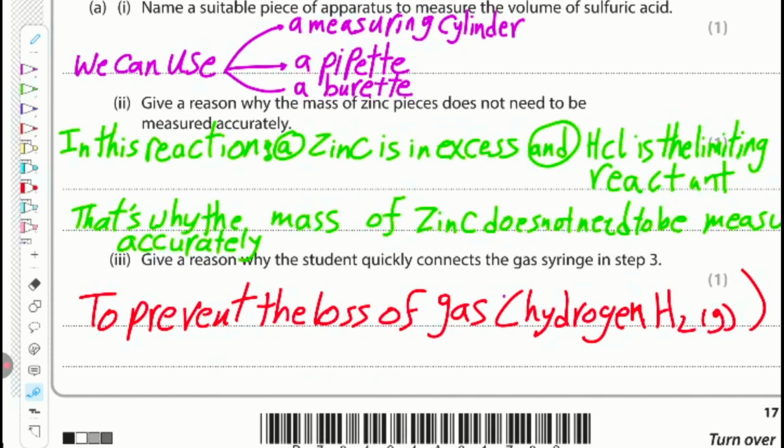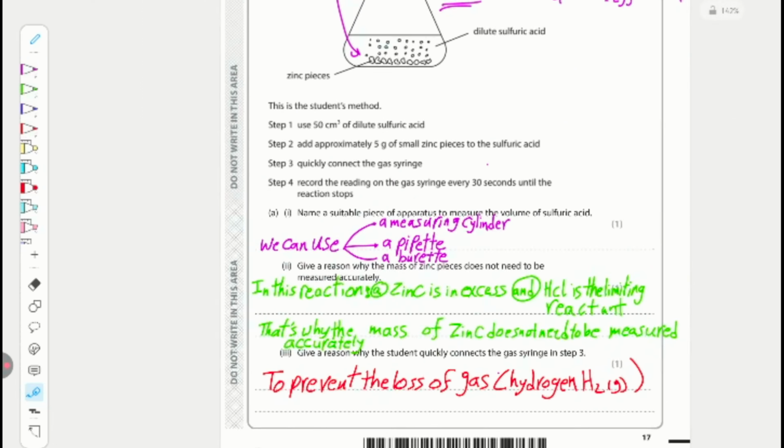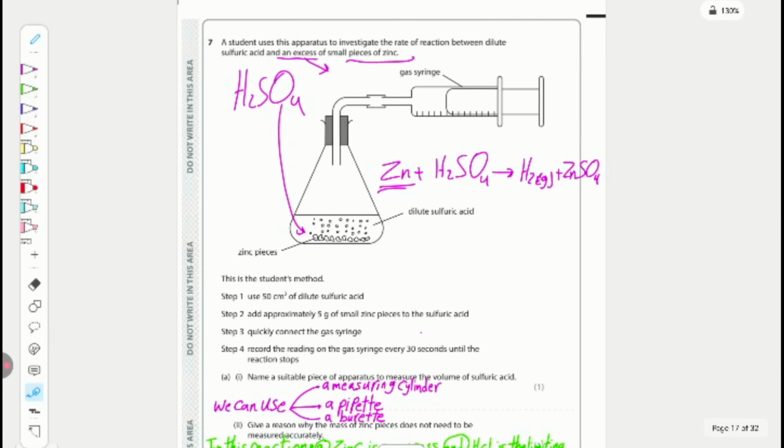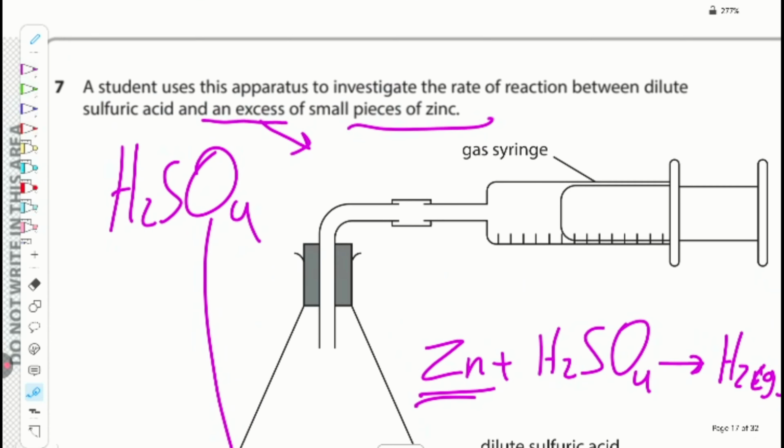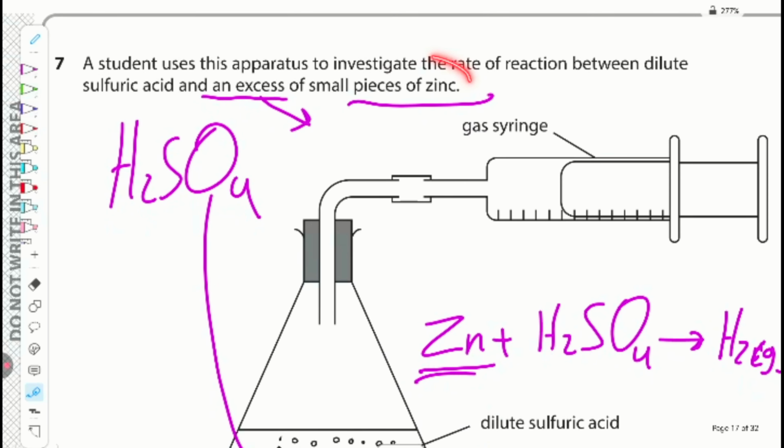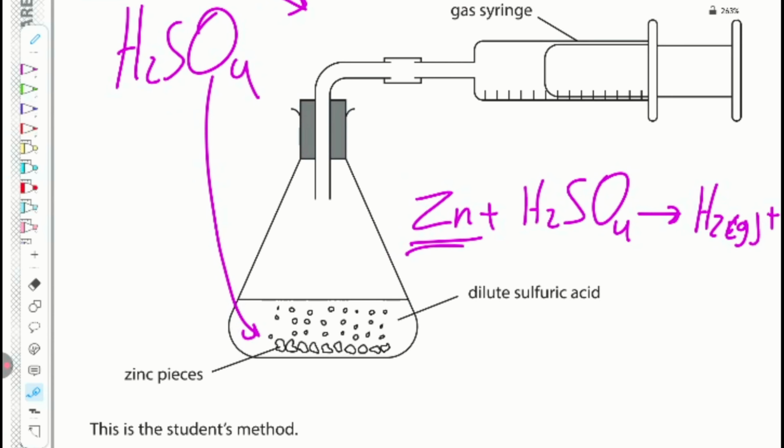Second question here is: give a reason why the mass of zinc piece doesn't need to be measured accurately. Generally, when we have two reactants, we have two types of reactants. The first one is called the limiting reactant, which we need to consume all of it. The other one is the reactant which is in excess.